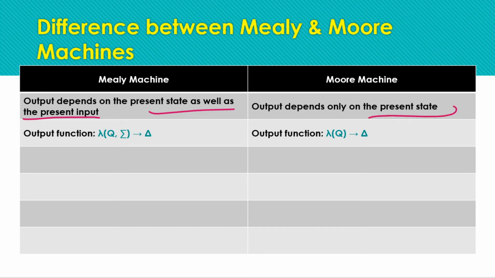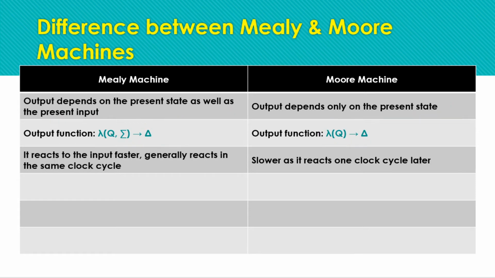Here the output function maps the present state and input symbol to an output symbol, but in a Moore machine the output function maps the present state to the output symbol. These two are the basic differences that we have already covered in previous lectures.